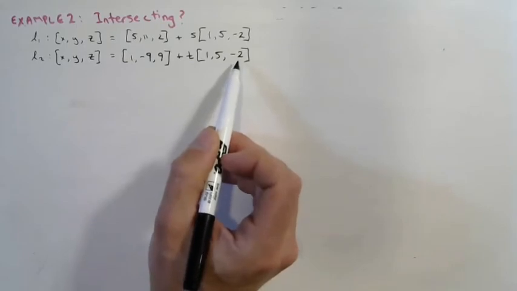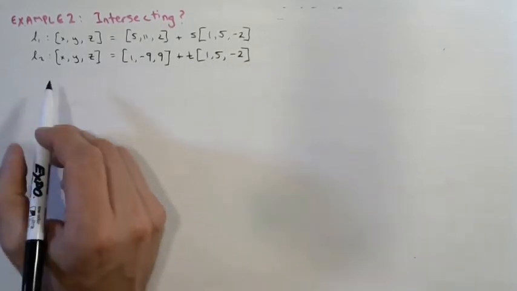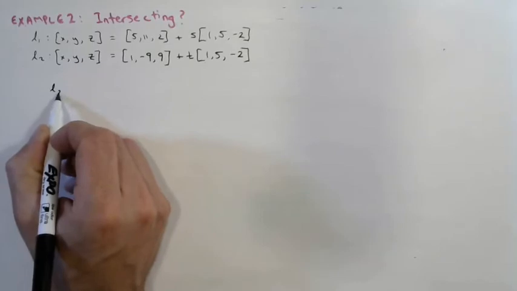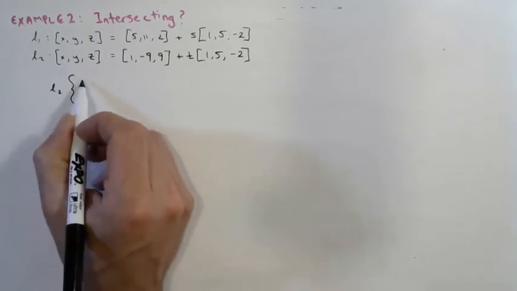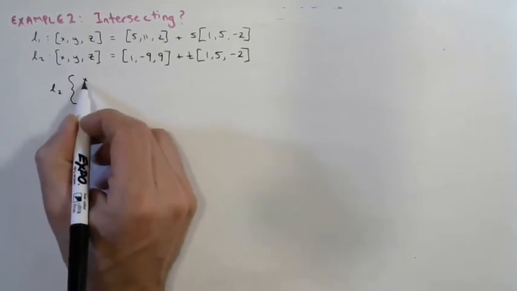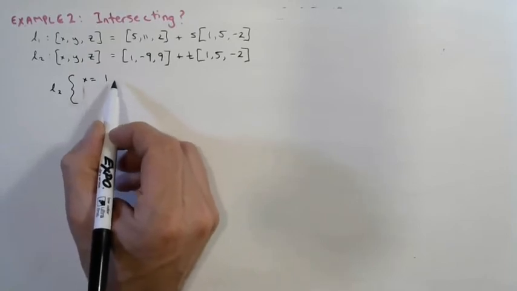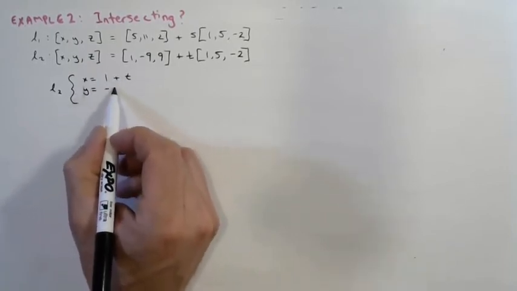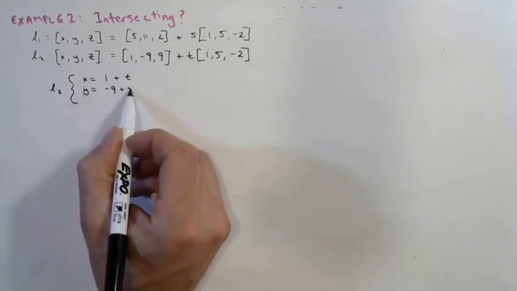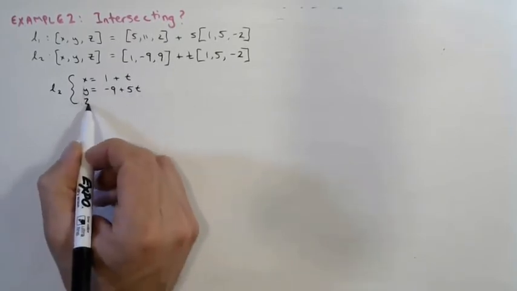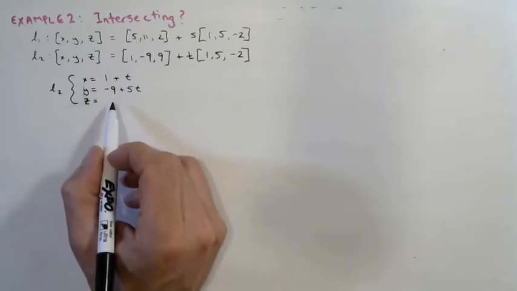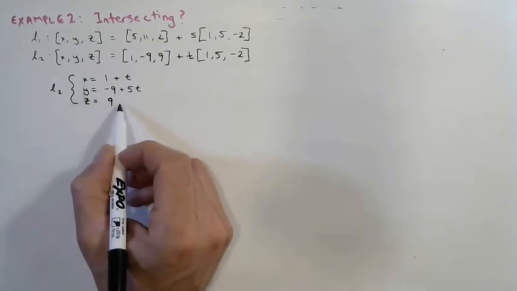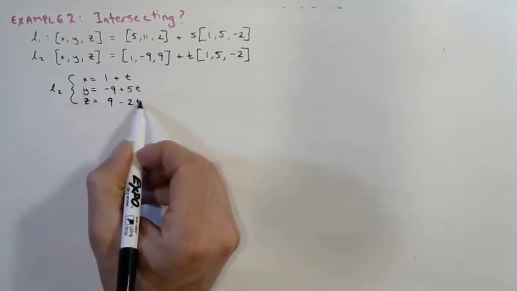So I'm going to set up the parametric equations for line 2: x equals 1 plus t, y equals negative 9 plus 5t, and z equals 9 minus 2t.